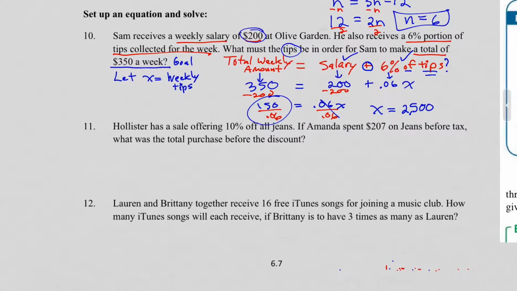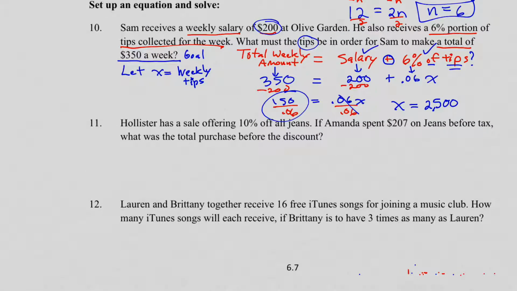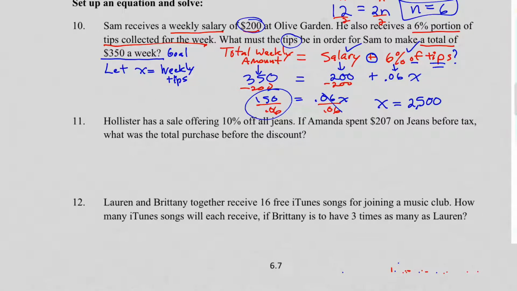So to answer this question, we say, okay, that number for x, now I'm going to translate it into a sentence. What must the tips be in order for Sam to make a total of 350 per week?